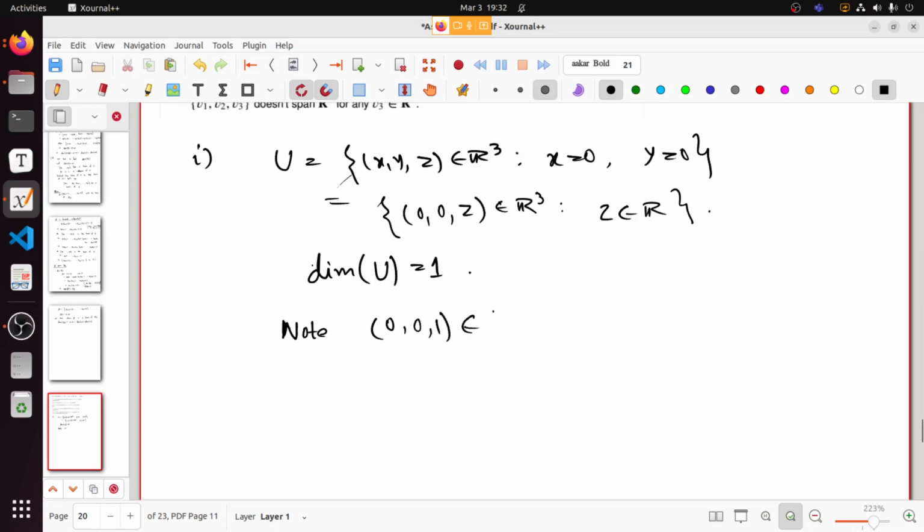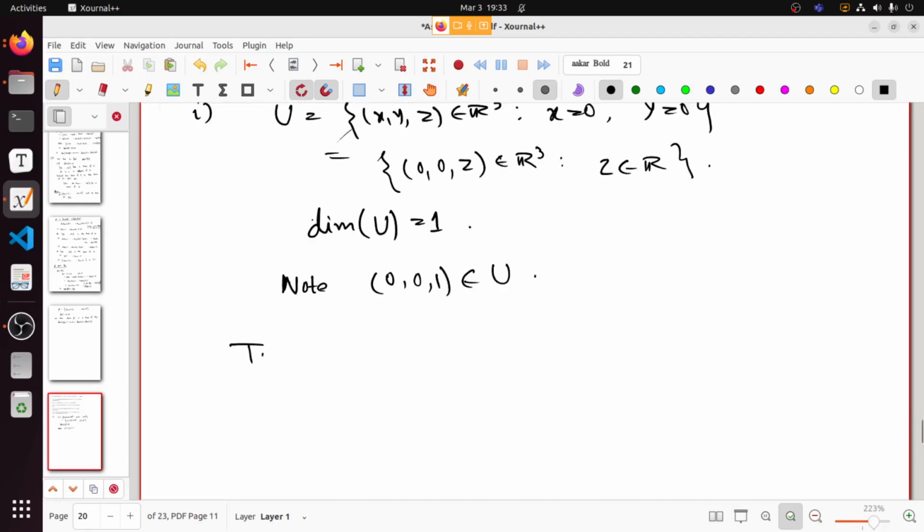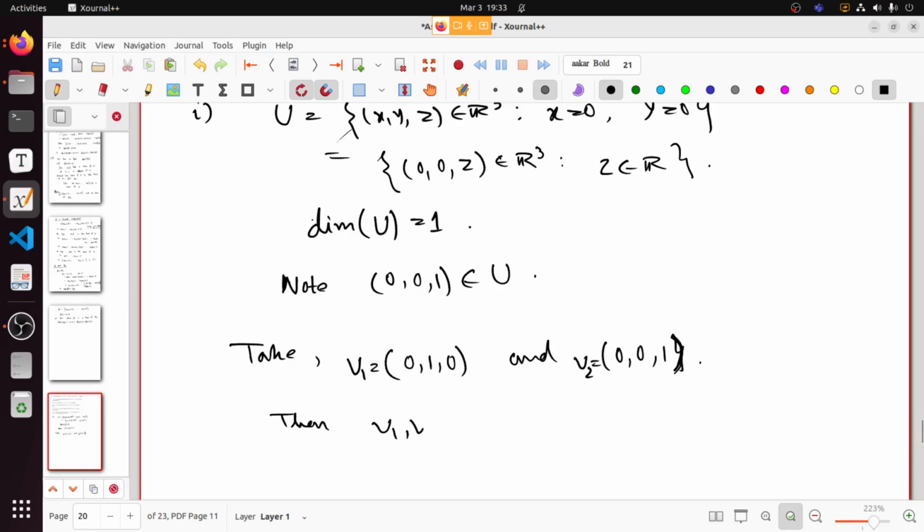So let's take these two elements (0, 1, 0) and (0, 0, 1). Set them as v1 and v2. Then v1, v2 is linearly independent in R3.